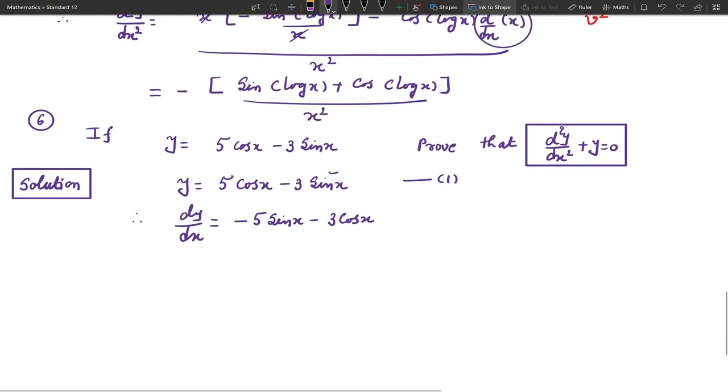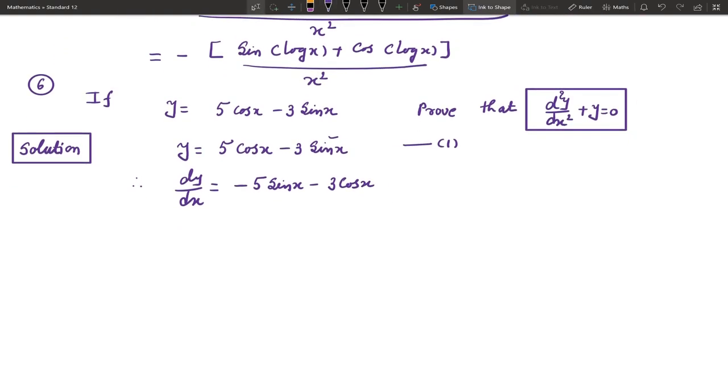Again we differentiate, therefore d2y by dx2. Now derivative of sine, cos x. Now derivative of cos, it is minus, so minus minus plus 3 sin x.